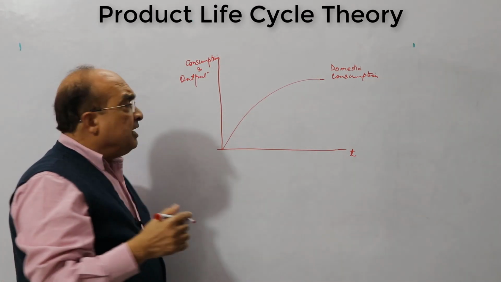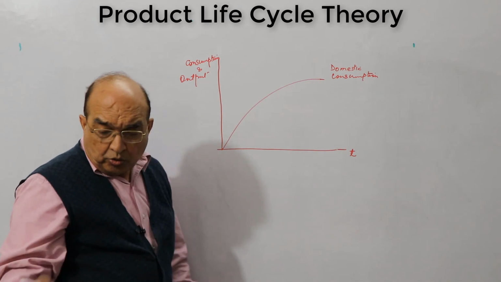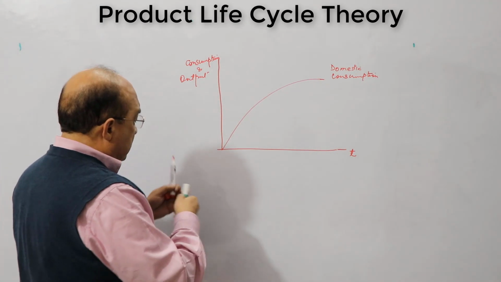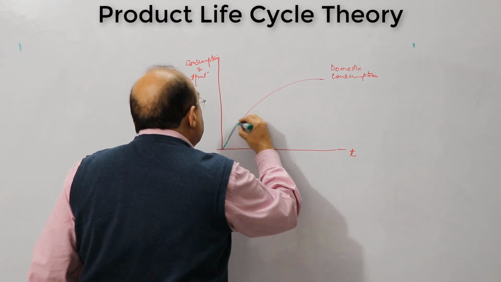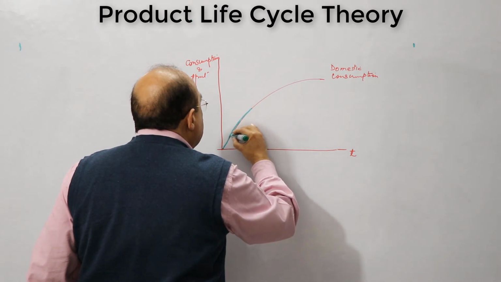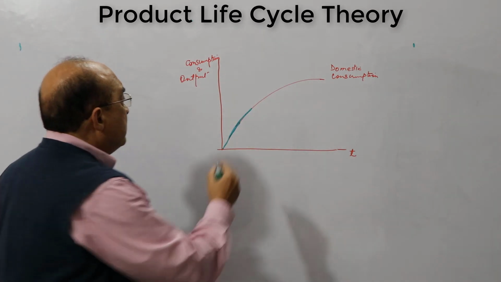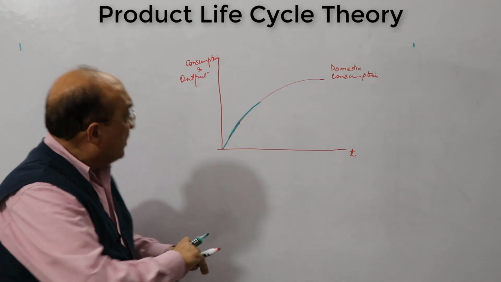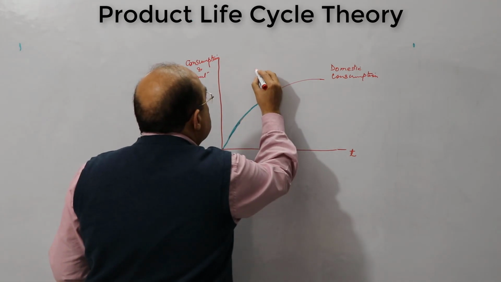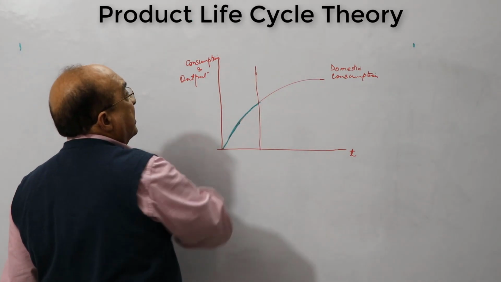Initially the good that gets introduced goes through the same pattern, and it coincides with this initially, or it may go right up to this, and then you can have this stage. This is stage 1.